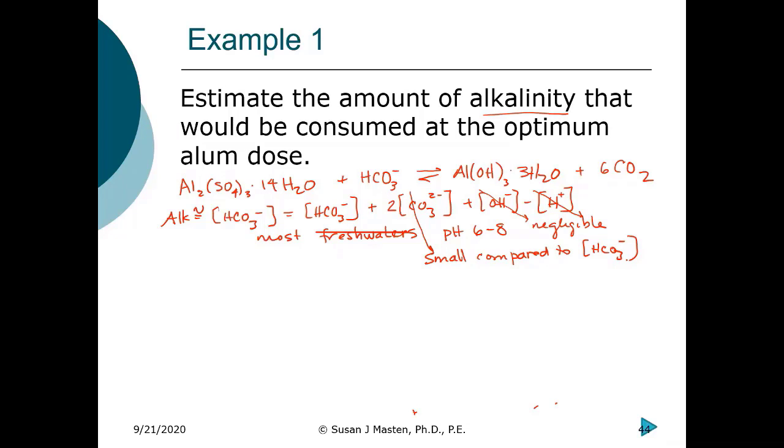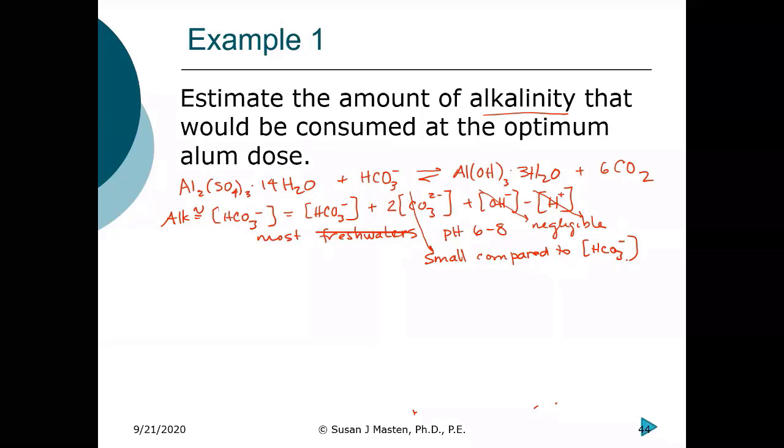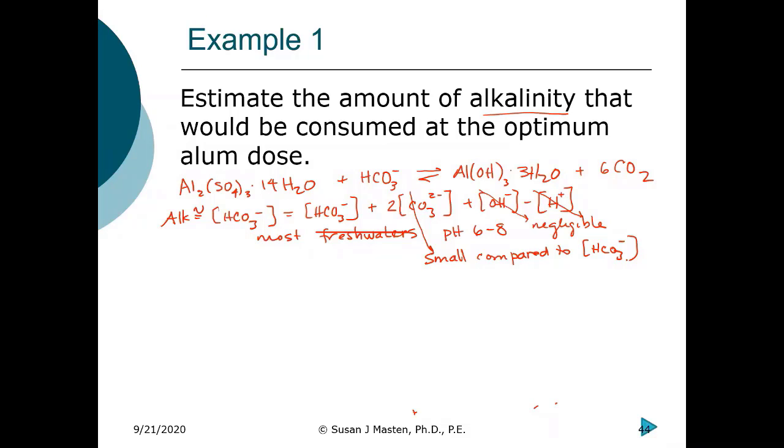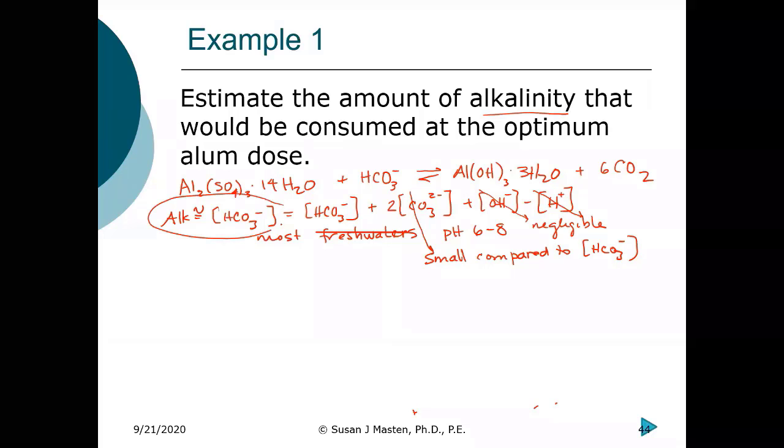As you raise the pH above 8 or so, the carbonate concentration increases greatly, and you can't ignore carbonate in the alkalinity equation. But for the most part, we can assume that this is true.